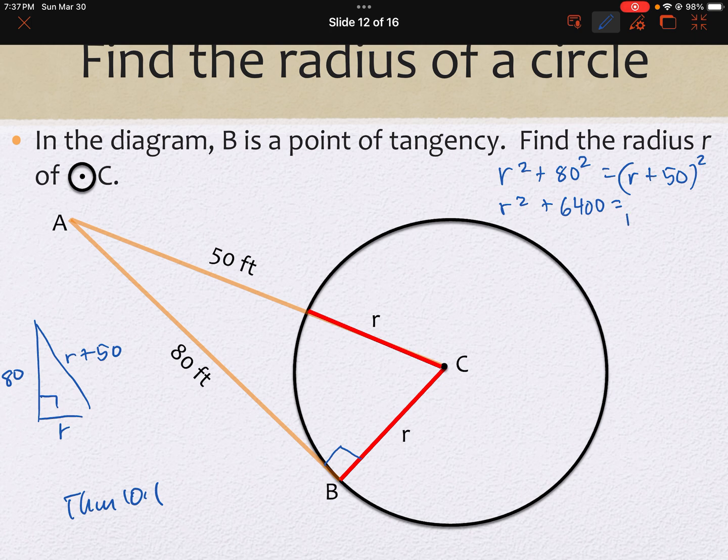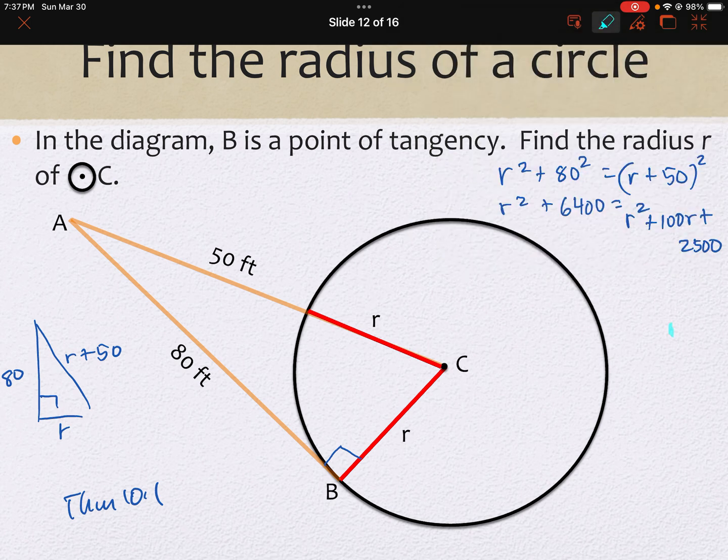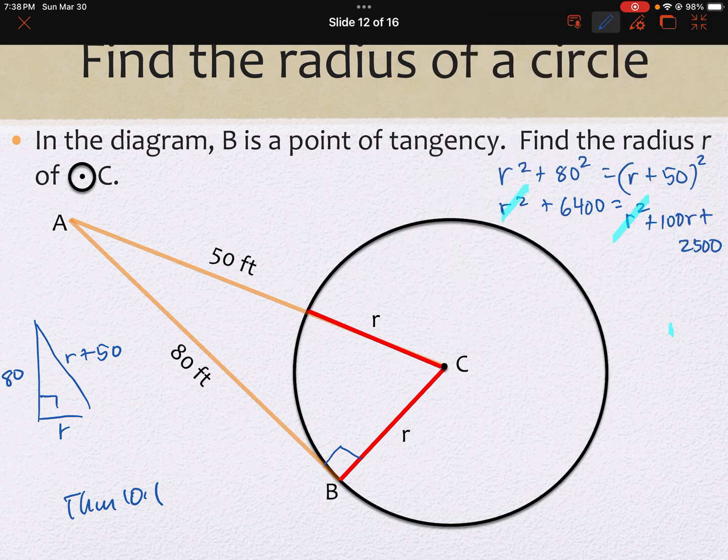All right, let's square a binomial. It wasn't as bad as I thought, at least not yet. You have an r squared on both sides. This is different. We haven't done a lot of this year, but they cancel. So you have to solve for r. So I'm going to subtract 2,500 from 6,400. And what am I going to get? I'm going to get 3,900, I think. And that's what r squared equals. Now, what is the square root of 3,900? Oh, God, I wish I had a calculator.